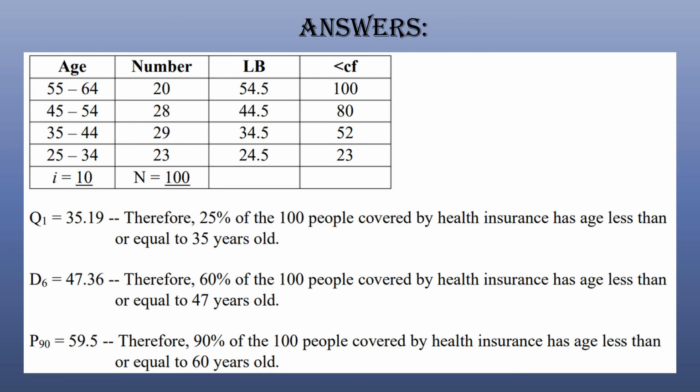Check your own answers. If you complete the table and the data are correct, give yourself 5 points. If you got Q sub 1, D sub 6, and P sub 90 correct, give yourself 5 points. Very good if you got 10 points. Congratulations!